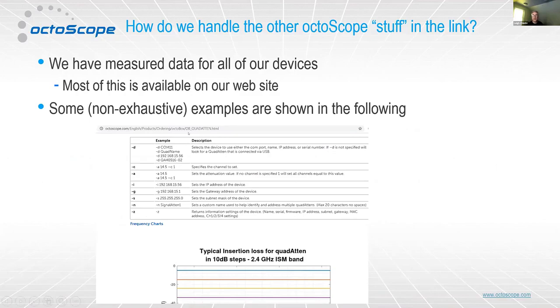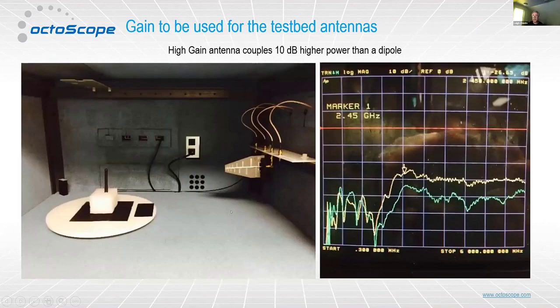If you were to look at our attenuator, for example, you can see here at the bottom that we've got measurements for the loss due to that attenuator in 10 dB steps. This is in the 2.4 gigahertz band. We do it in the 5 gigahertz band. We do it all over the place. So we have all this information available. So let's talk about some of the factors then in a link budget in the test bed.